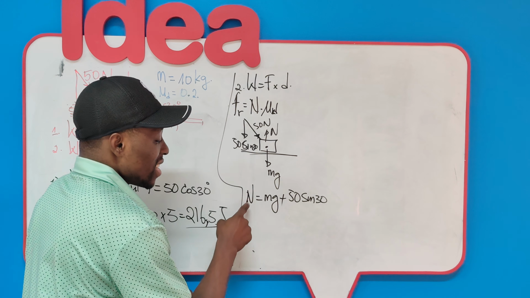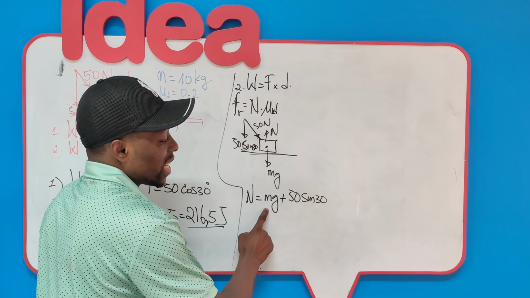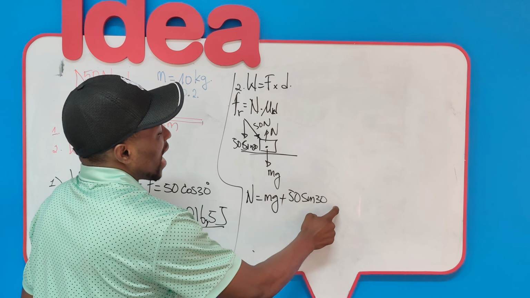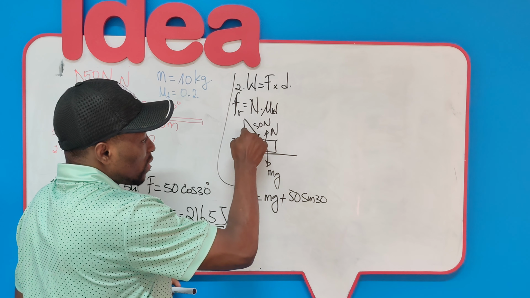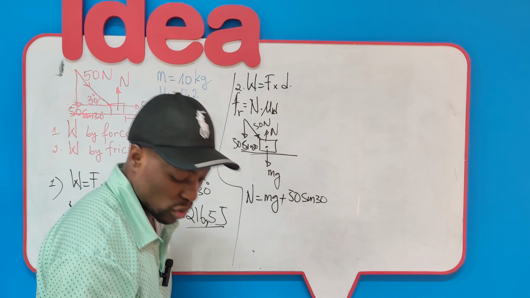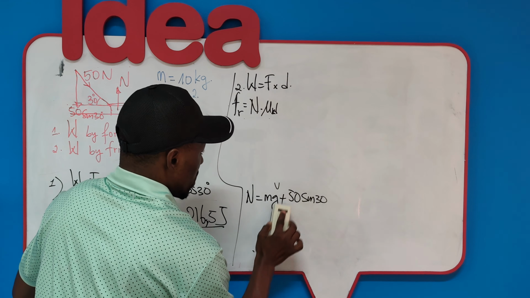So clearly the N, which we usually know to be mg, will not be mg today. It will be mg plus 50 sin 30, and the reason is that a component of this 50 Newton force acts downward and has to be considered.